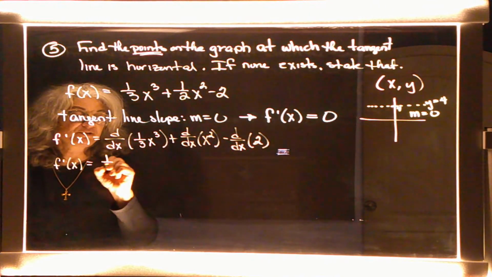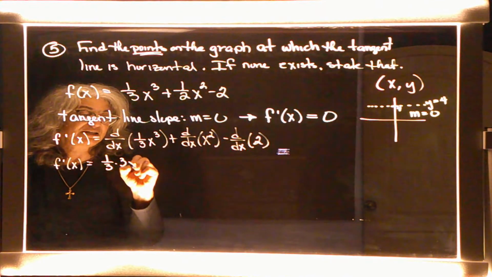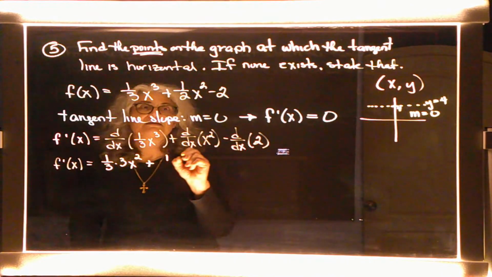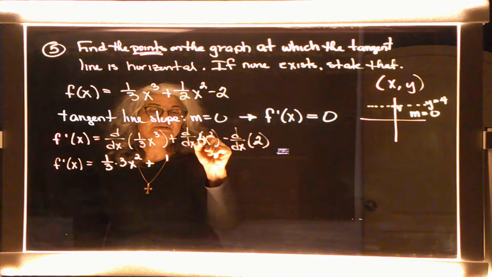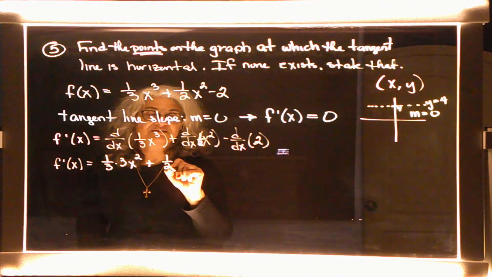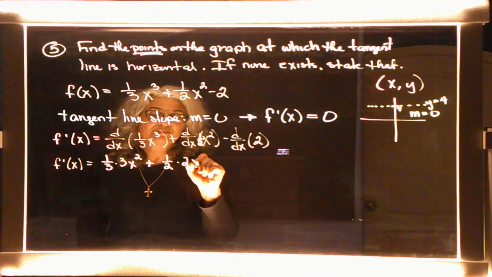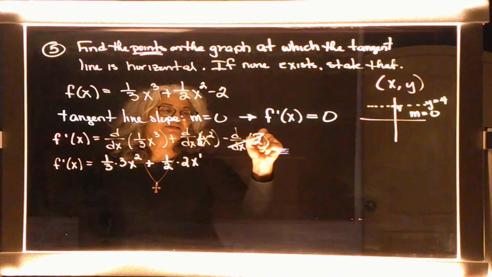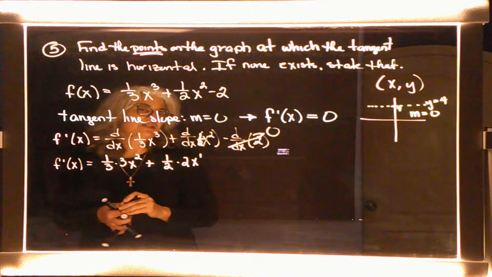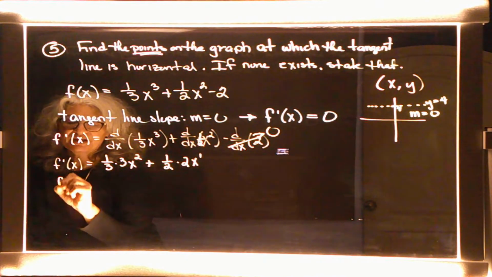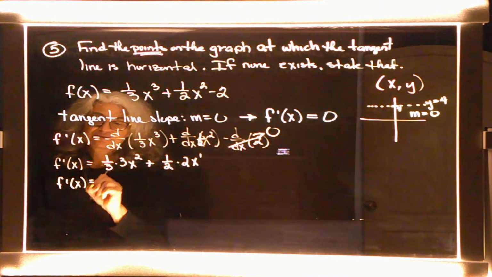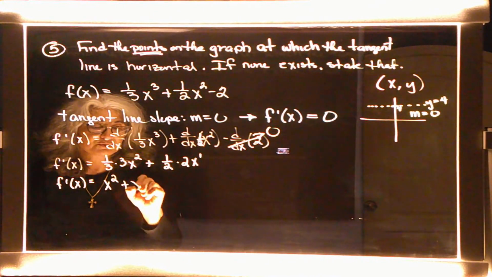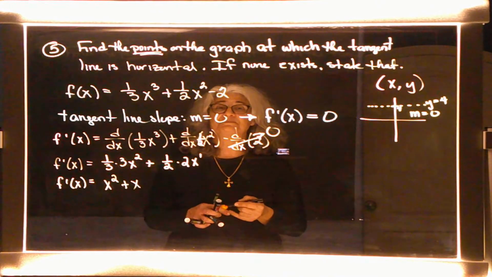You would end up with 1/3 times 3 times x to the second, wouldn't you? Plus, oh, I forgot the 1/2. Whoops. 1/2 times 2 times x to the first. And the constant is just going to go to 0, so I don't worry about that. So what's the derivative? x squared plus x. All right.